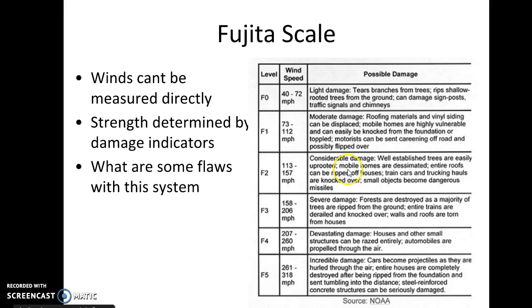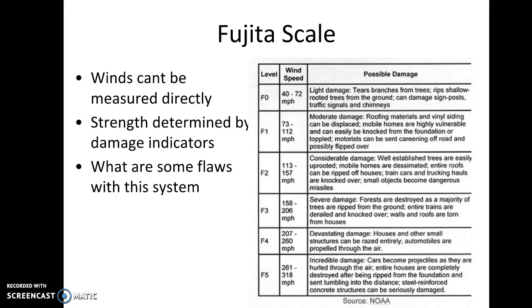Also, since the scale is centered around this idea of damage, what if there isn't really anything to damage? What if a tornado takes place in a farm field? Or what if a tornado takes place in the middle of a prairie where there really isn't anything to destroy? It might show up as an F0, but maybe it was really an F4 or an F5, but we just don't really have the damage to rate it.